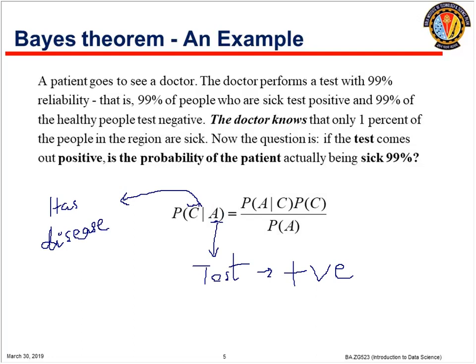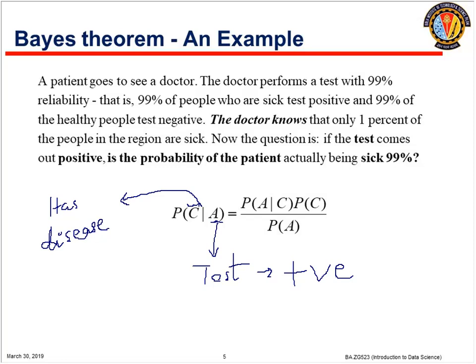Taking this separately, the probability of A will be the probability that the test is positive, and the probability of C will be that a person has the disease. When it says P(C given A), it means the probability of disease given that the test has come out positive.